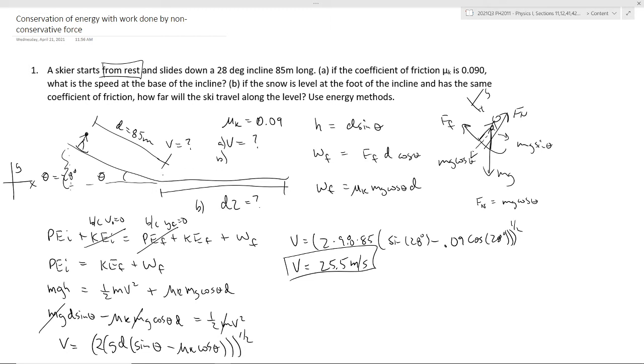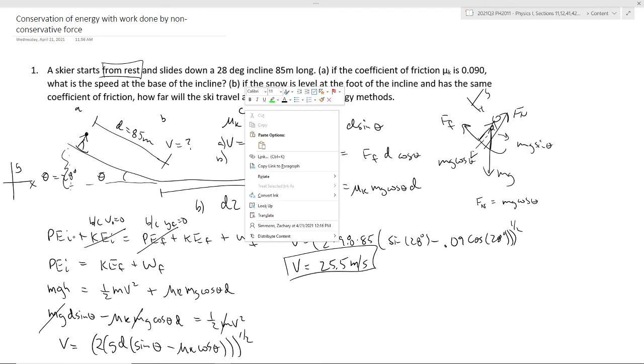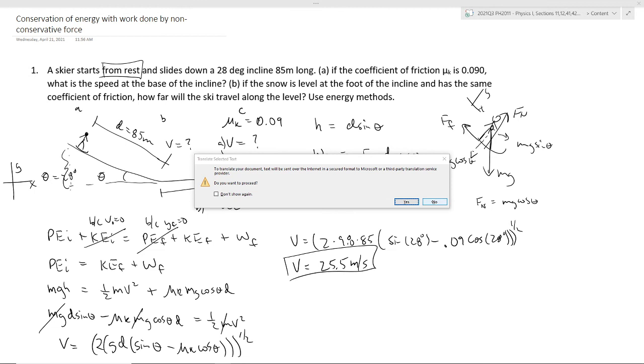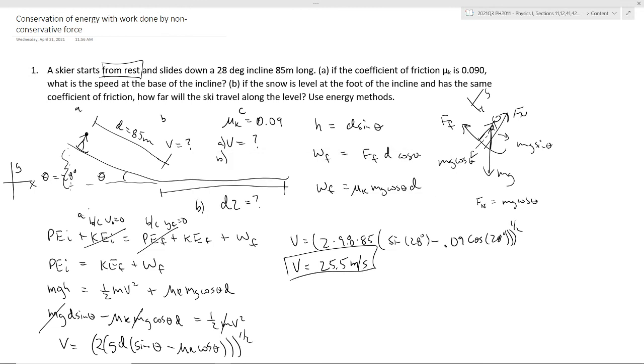Now that you have the velocity at the bottom, how far are you going to go? So maybe it would have been better to think of this as from A to B and from B to C. So the potential and kinetic energy at A is going to be equal to what's going on at B. Well, let's just set it up.